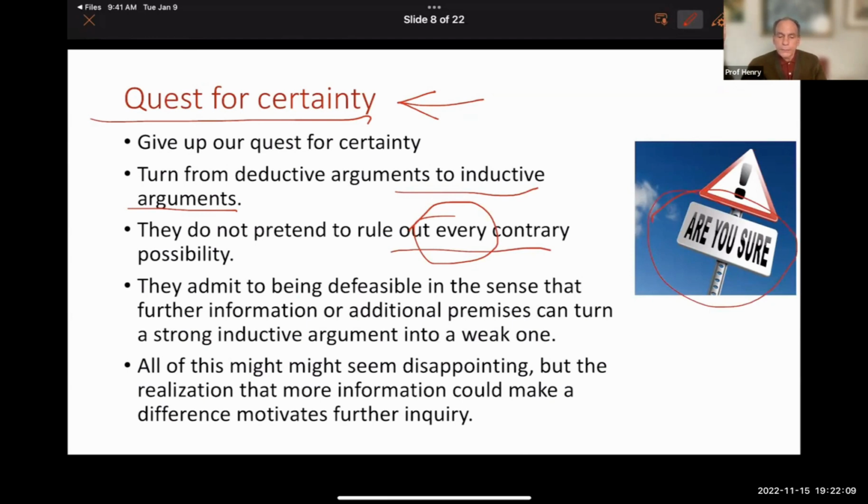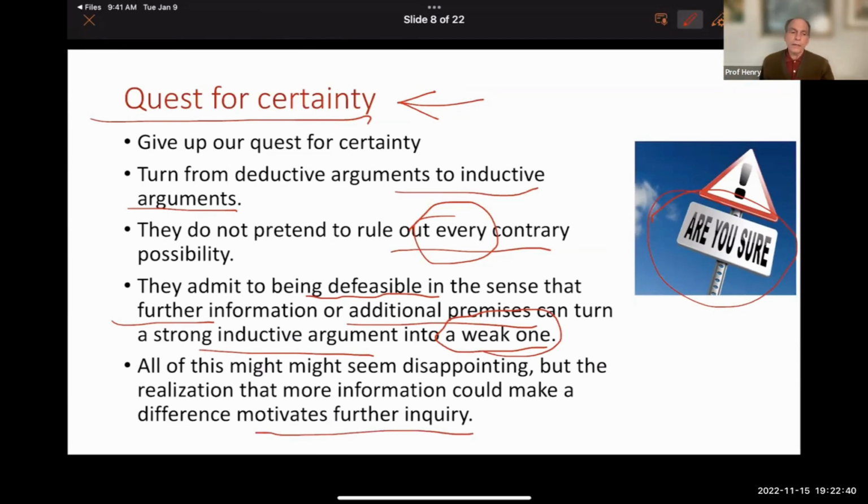They admit to being defeasible, meaning that it could be wrong, in the sense that further information or additional premises can change a strong inductive argument into a weak one.